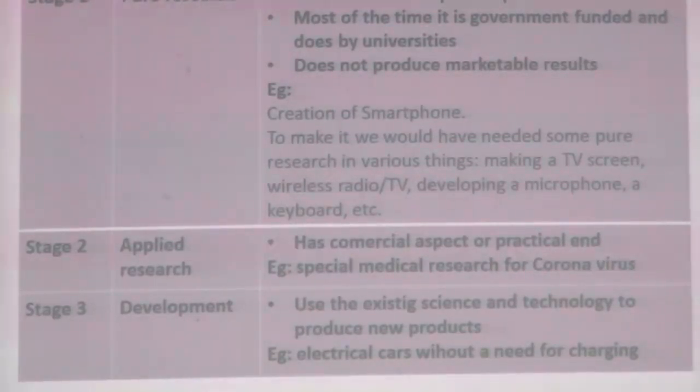So in future, you can think there can be electric cars without a need for charging. Now all electric cars need to be charged, so that consumes power. So power was developed through pure research. We receive the electric power through pure research, and then through the power, electric cars will be charged. So imagine that in future an electric car will come that has solar power.